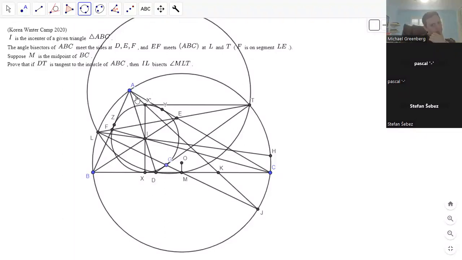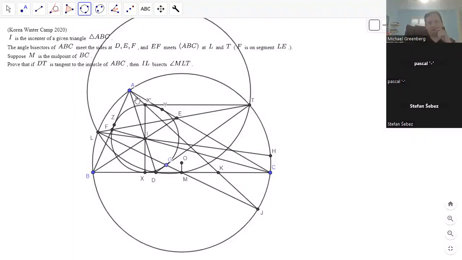But I think this isn't the optimal way, we can kind of see that angle. Okay. So we want to show that TLI is that angle, 90 minus XDA.